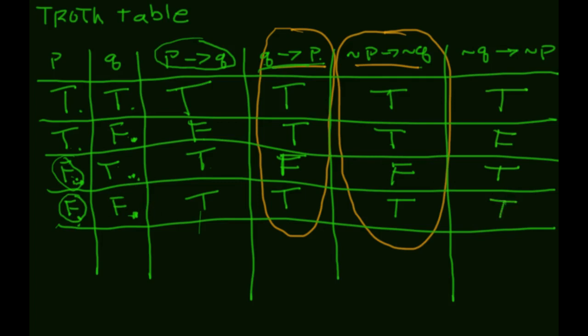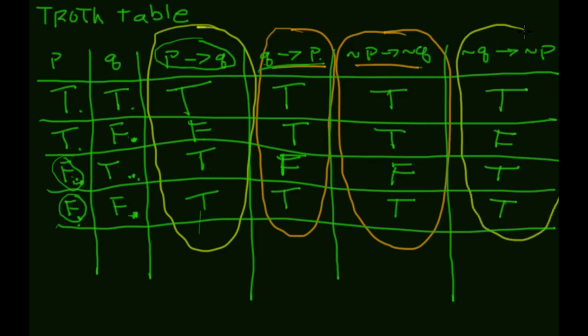Okay, so note here, the conditional statement and the contrapositive are both true, true, or true, false, true, true, true, false, true, true. So whenever the original statement is true, the contrapositive must also be true.